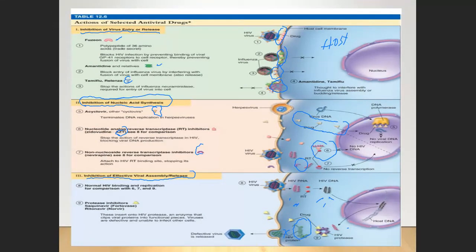The first one is usually used for blocking the attachment and the entry of the virus into the host cell. And the second group will be the drugs used for blocking the synthesis of the viral nucleic acid. And the last one will be the drugs that can block the assembly and also the release of the virus inside the host cell.